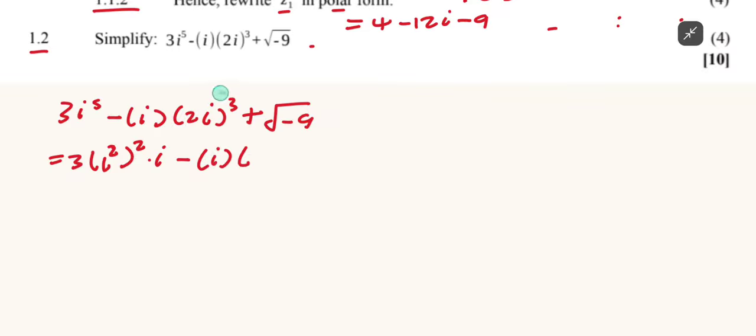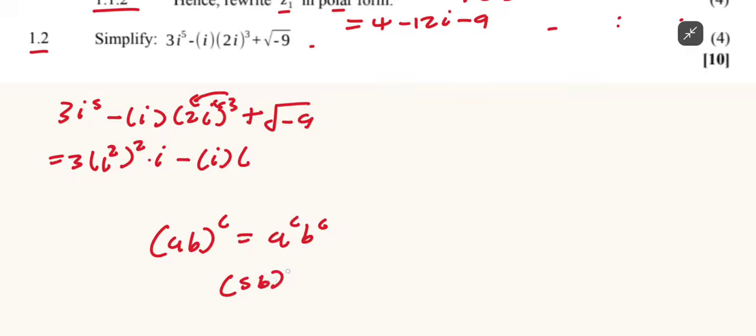What about this one? You must remember your laws of exponents. You raise everything inside to the power. For example, if you have 5b raised to the power of 3, this simply equals 5 raised to the power of 3 times b raised to the power of 3. The same applies here. So 2 raised to the power of 3 is 8.